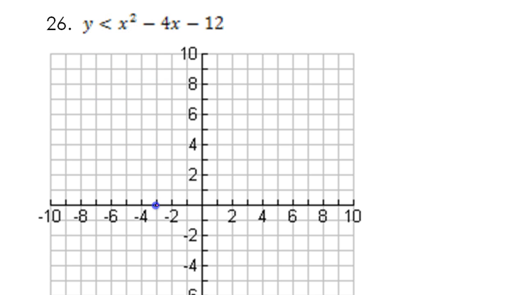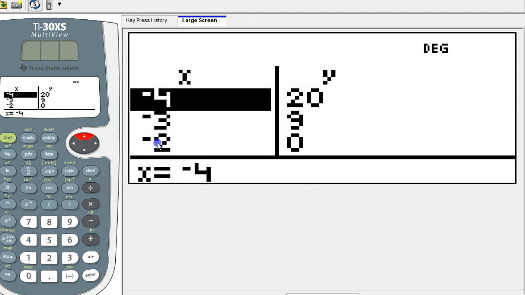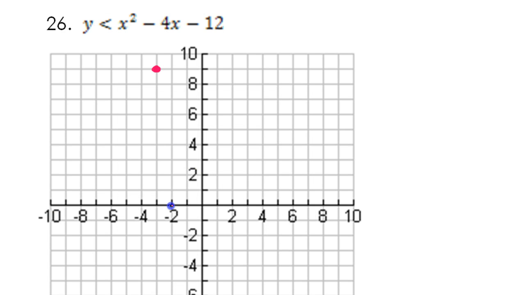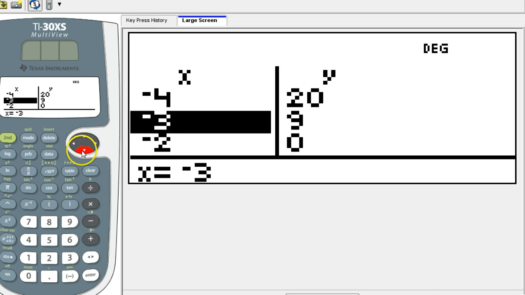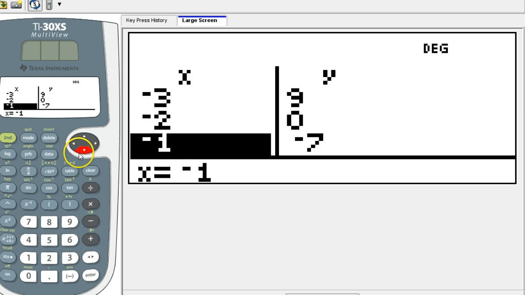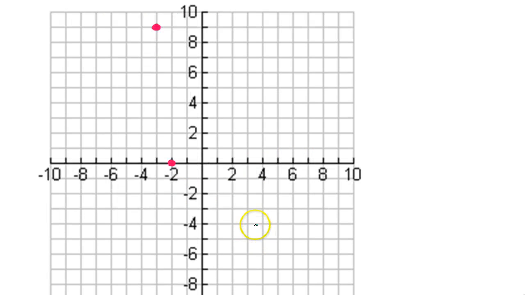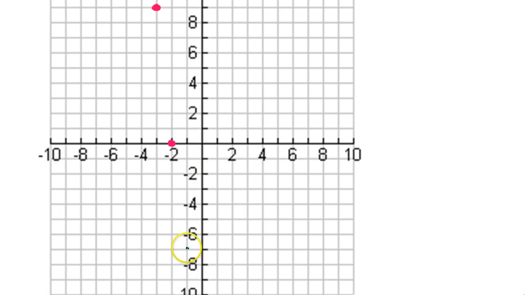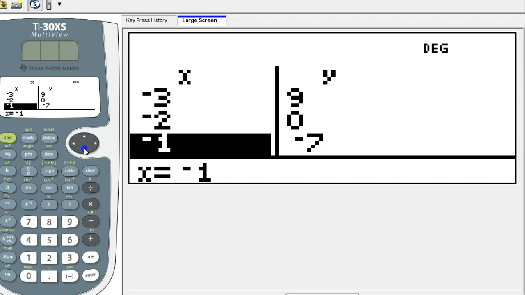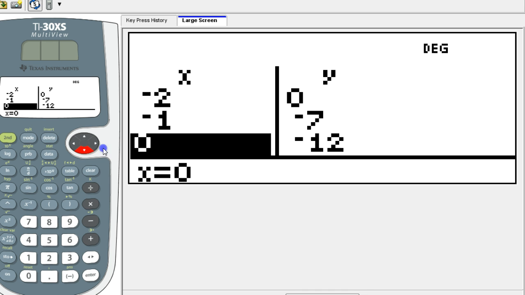So I've got -3, 9, and then -2, 0, and then -1, -7, and 0, -12.